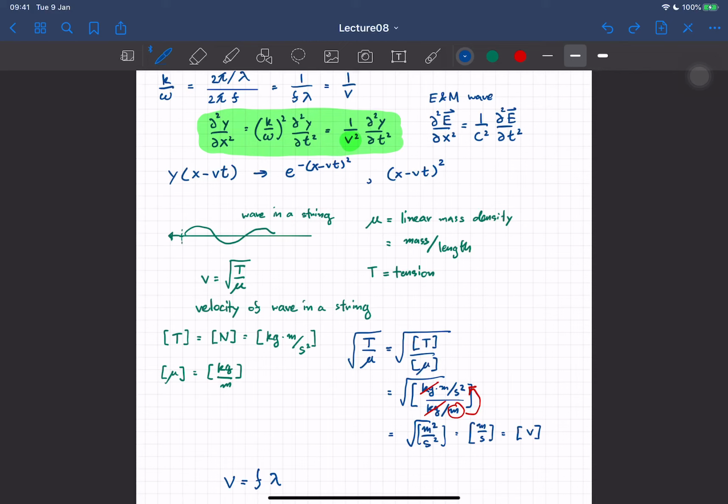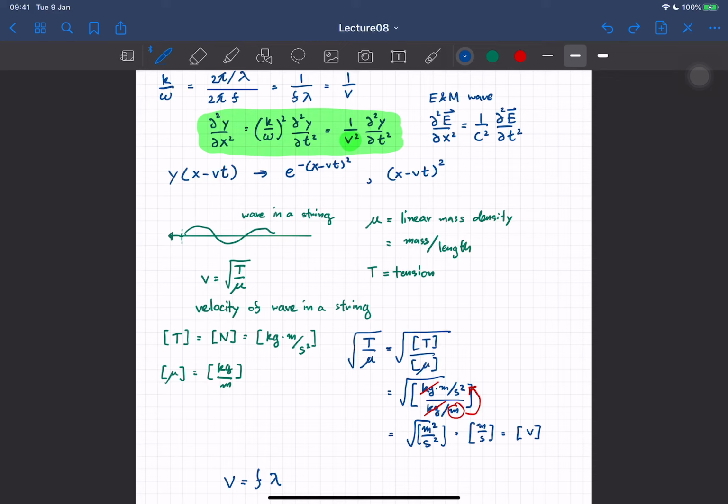Compression is the band of air molecules bunching together. And rarefaction or decompression is where the molecules are going away from each other. Sometimes you're going to hear sound wave called a compression wave, because the wave which is traveling can be thought of as the band of compression which is traveling to the right, like this.